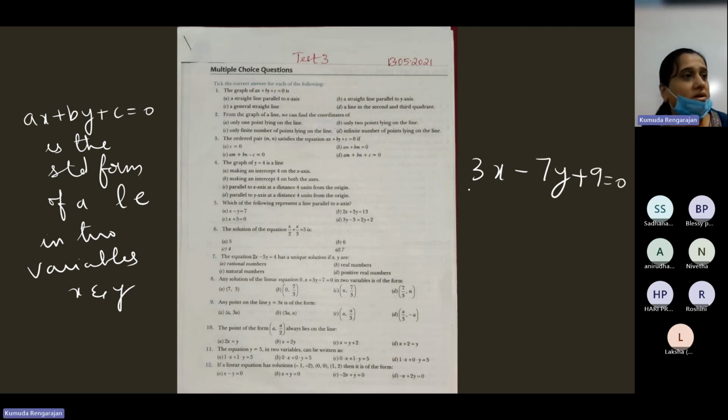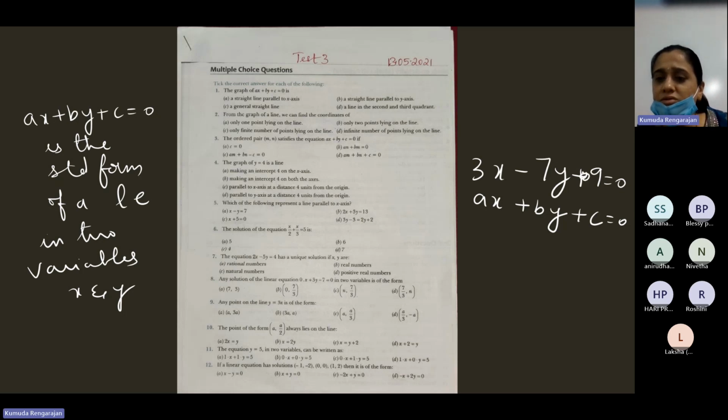So this is an example of a linear equation in two variables x and y. You can see the variables x and y. Now look at this. This is ax, where a is 3, plus by, where b is minus 7, plus c, where c is 9, is equal to 0.